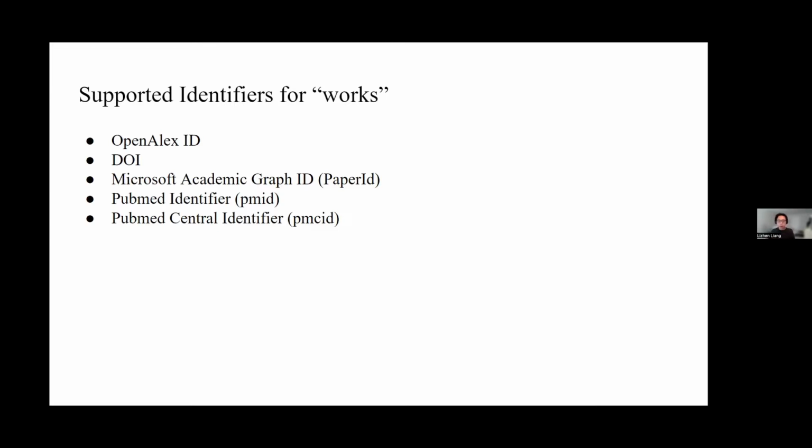But they also link the works in OpenAlex to external IDs. Maybe you're more familiar with Microsoft Academic Graph. They also have the mapping between OpenAlex works and paper IDs in MAG. And maybe you're more familiar with PubMed data. They also have the external link.